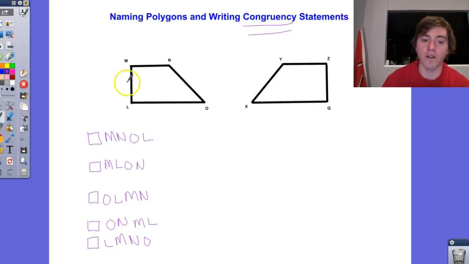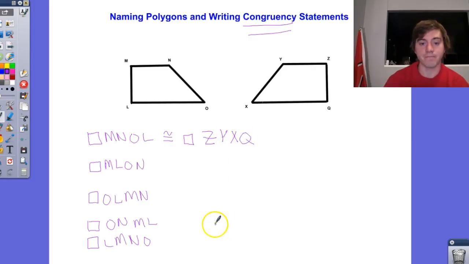So if I want to call quadrilateral M-N-O-L congruent to this guy, I need to say congruent to quadrilateral, and then I need to make sure that each one of these matches up in order with the corresponding vertex. So M corresponds to Z, so that starts. And then N corresponds to Y. And then of course I know which direction it's going, so I can just finish it off.